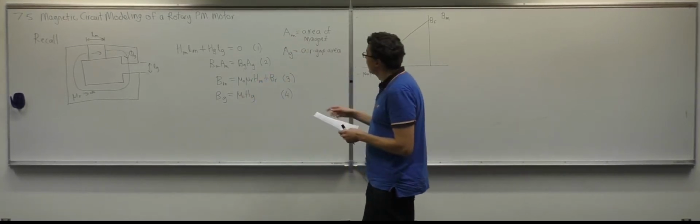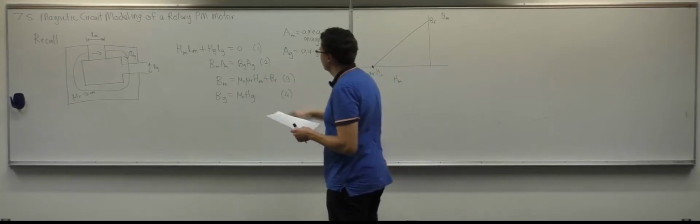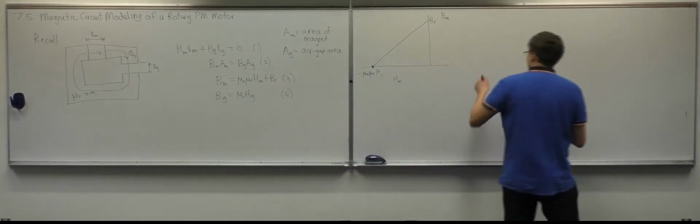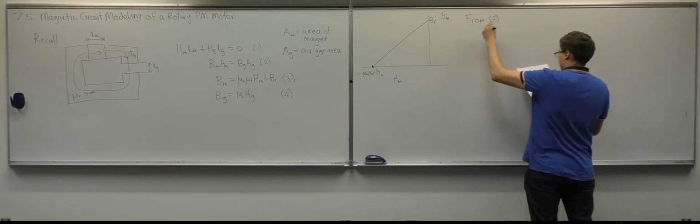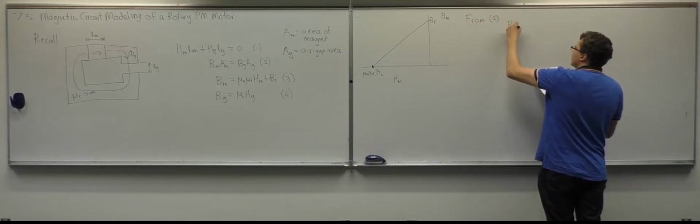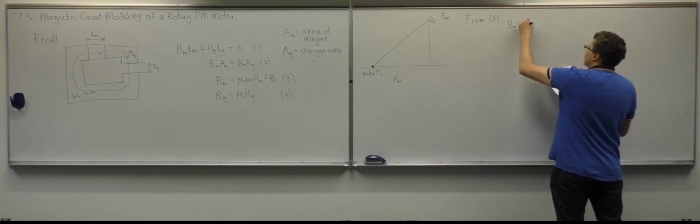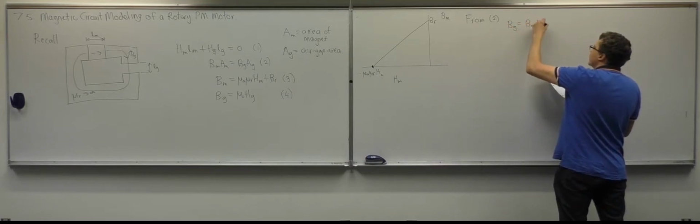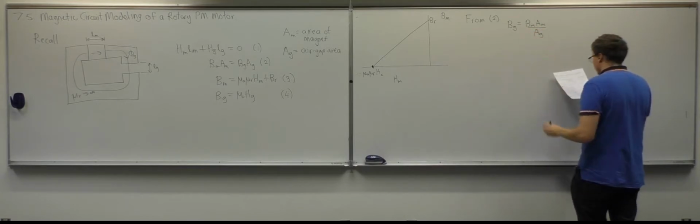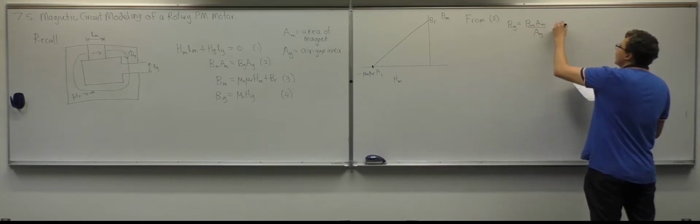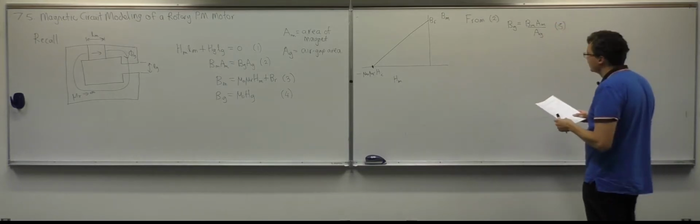So then from 2 we can rearrange 2. So then we have Bg is equal to Bm Am divided by Ag, and that's 5.